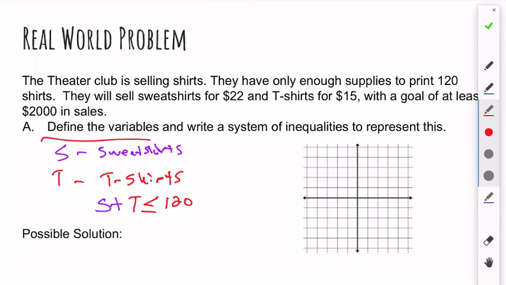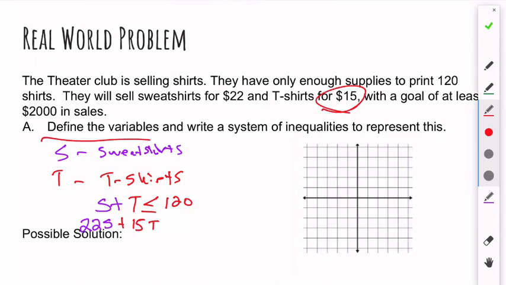The second thing is, well, what's the cost of each of these things? So for the sweatshirts, they cost $22. Okay, and I guess I'll do this in purple, keep it kind of consistent here. So we know that 22 times sweatshirts added to, and notice we have $15 for t-shirts, so $15 times t-shirts.